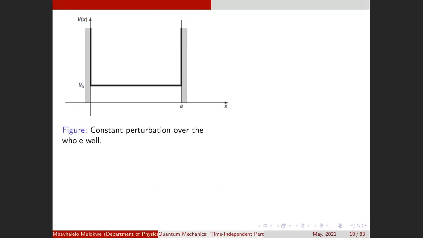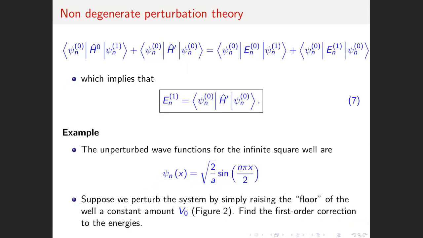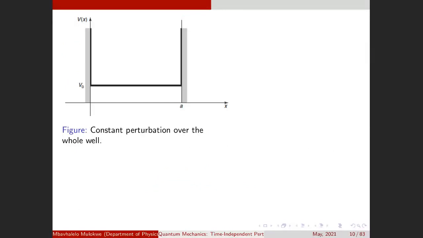Right. So in the example that Griffiths gives, you start with the usual infinite square well, but the floor has been raised. So you've raised the energies by some perturbation H′, which is just V0, and then the question will be what is the change in the energies.